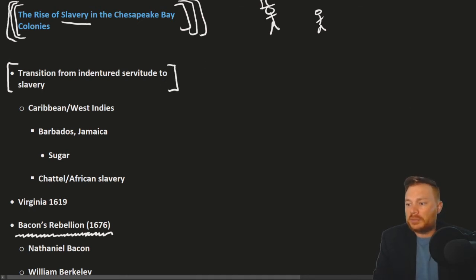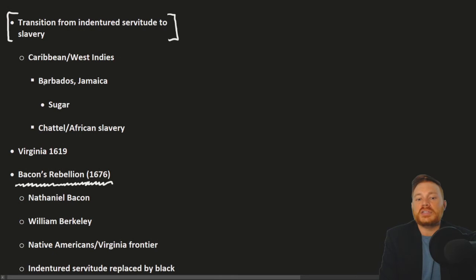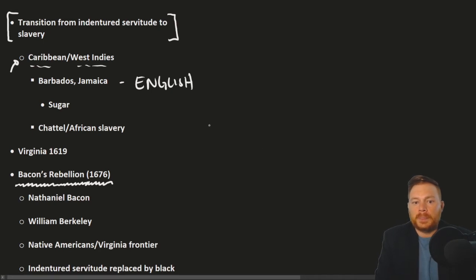Now, we already talked about in previous chapters how slavery arrived in the New World, that it was African slavery in particular that was already in the Caribbean and West Indies. Islands like Barbados and Jamaica, these were English islands, but that it was growing of sugar and that slavery had changed when it came to the New World in some important ways. Slaves became chattel.